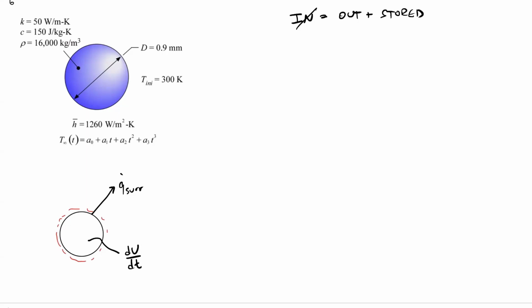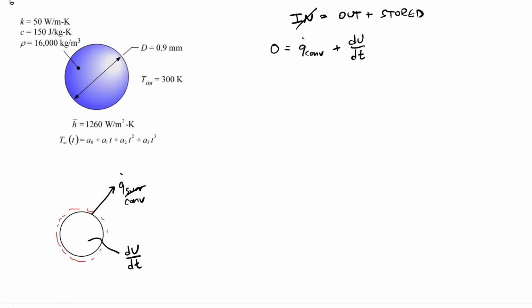That's dU/dt. So if we write out our energy balance, we'll say 0 is equal to Q dot, I guess I call this Q dot convection, which is the same as surroundings here. Let's do this: Q dot convection plus dU/dt. Okay, that's our energy balance for this.